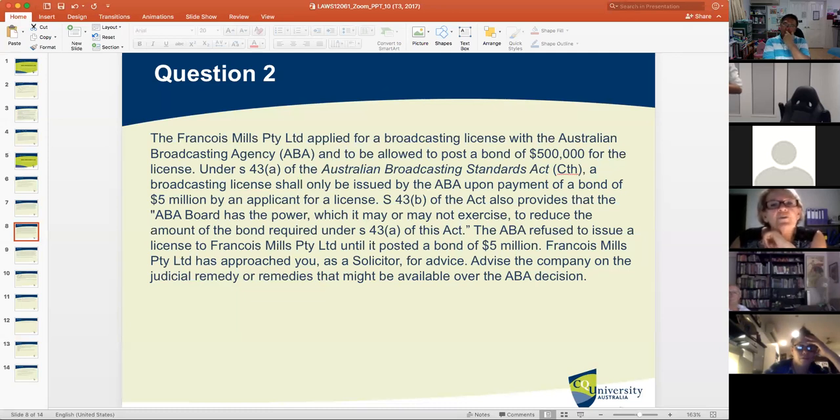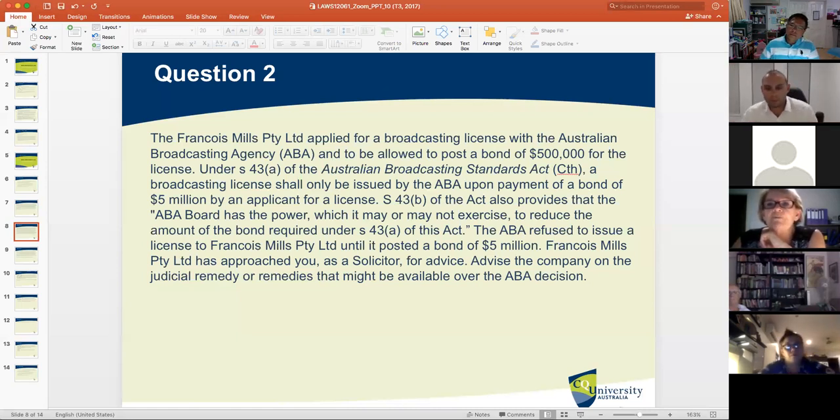Under Section 43A of the Australian Broadcasting Standards Act, Commonwealth, a broadcasting licence shall only be issued by the ABA upon payment of a bond of $5 million by an applicant for the licence. Section 43B of the Act also provides that the ABA board has the power, which it may or may not exercise, to reduce the amount of the bond required under Section 43A of this Act.